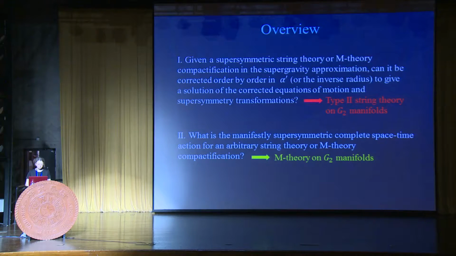So particularly for the second point, M theory, or 11-dimensional supergravity, turns out to have the simplest possible field content we could start with. And by compactifying on a G2 manifold, we obtain N equal to 1 supersymmetry in 4 dimensions, which is a very standard type of supersymmetry.